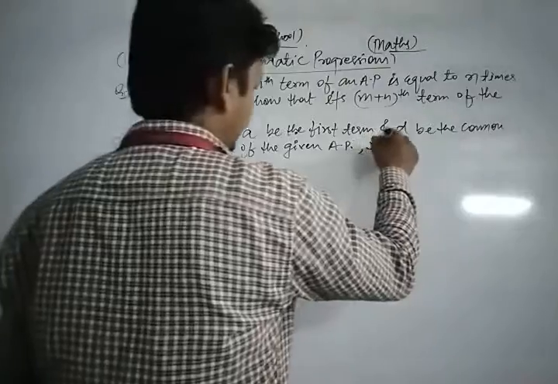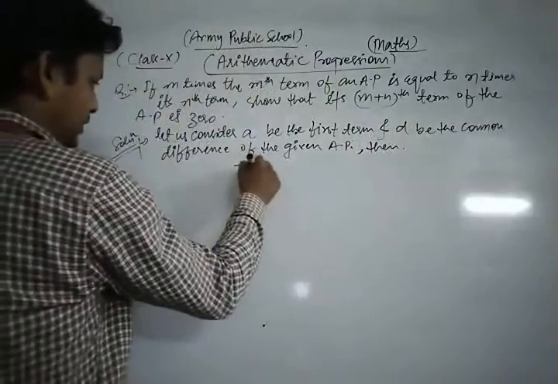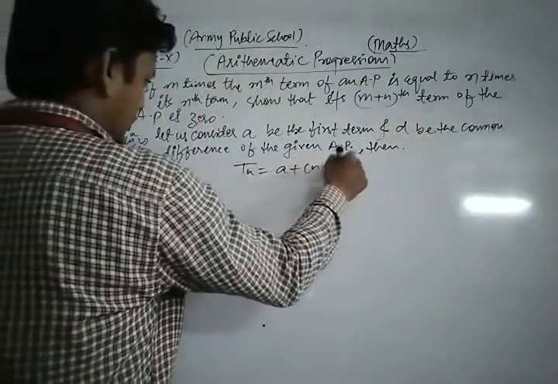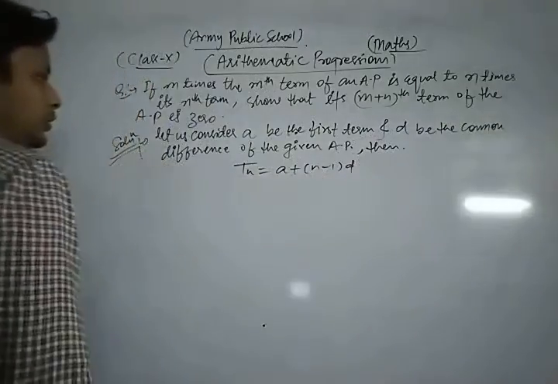Then its nth term will be A plus n minus 1 into D.